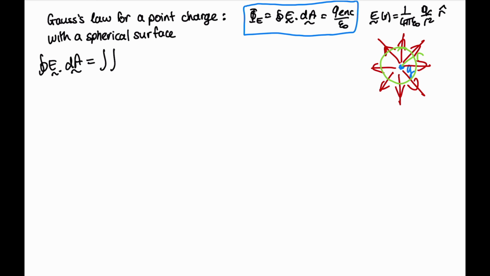And the electric field here, we've said for a point charge is in the radial direction. So we're writing 1 over 4 pi epsilon naught Q over r squared, and that's in the radial direction r. And then we need to take the dot product of that with a little increment of surface area.